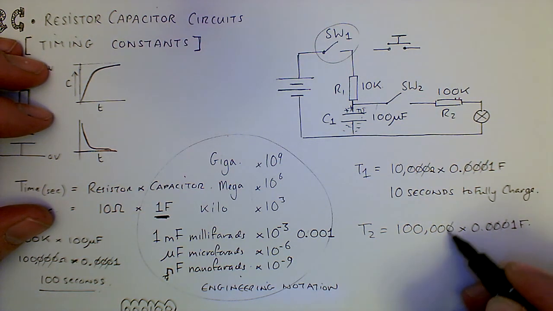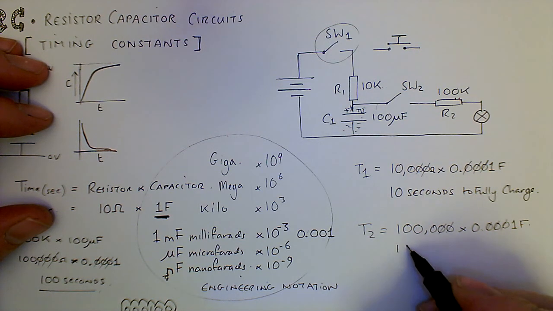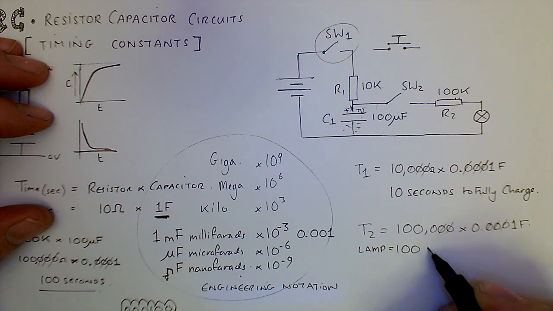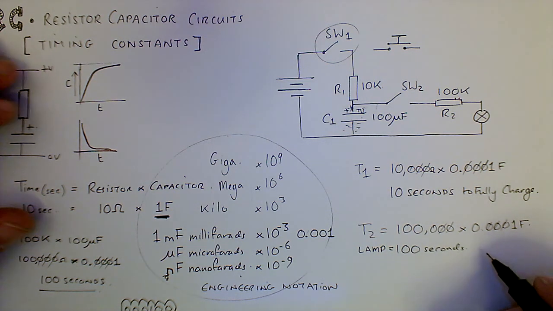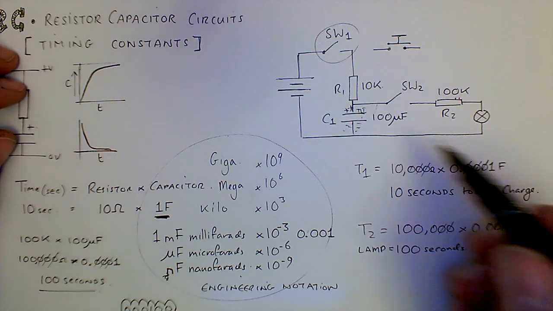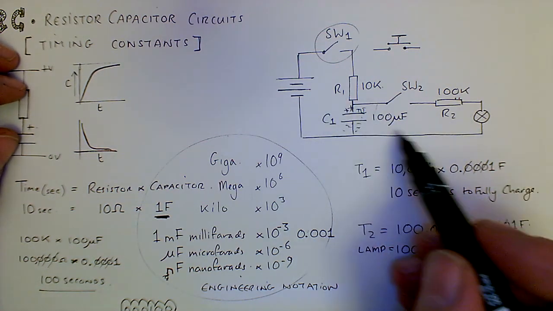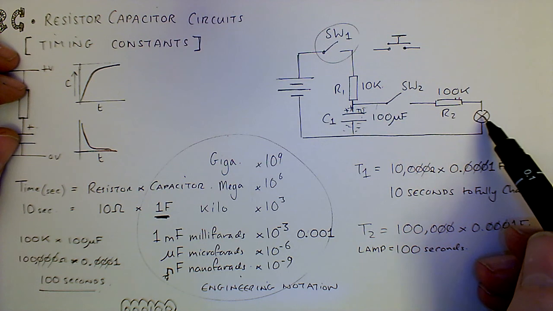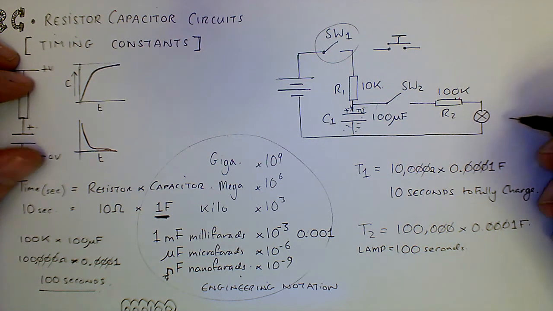So we're going to effectively get the lamp staying on for about 100 seconds, which is about a minute and 40 seconds, so a minute and a half. Remember, it's not an absolutely exact science, so that would be about a minute and a half as the lamp started to glow, and then it would slowly fade.